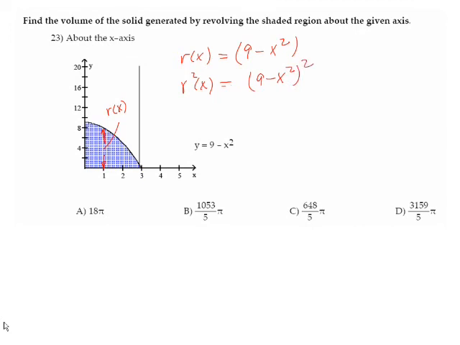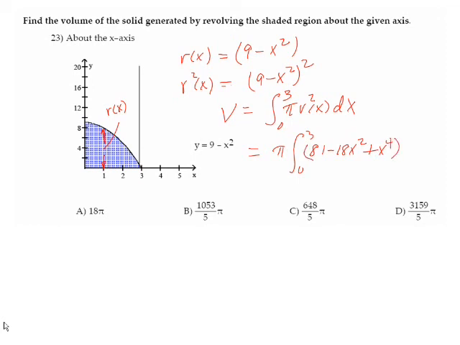So the volume using the disk method is going to be the integral from 0 to 3 of pi r squared of x dx, which is equal to pi times the integral from 0 to 3. Let's square the r, which will be 81 minus 18x squared plus x to the 4th dx.